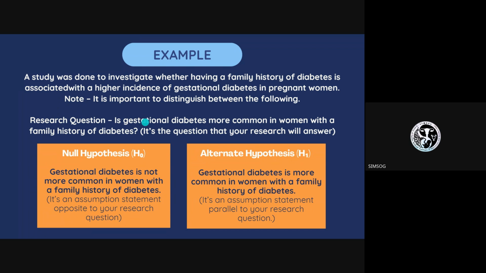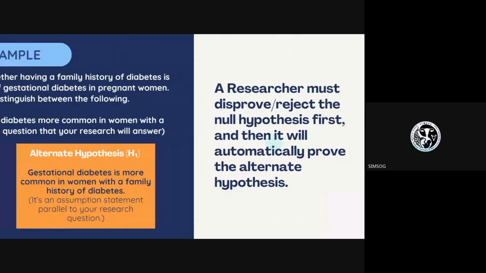So the null hypothesis, the H naught or H0, would be that gestational diabetes is not more common in women with family history of diabetes, right? It is an assumption opposite to your research question. It is the no answer to your research question. Whereas the alternate hypothesis would be that gestational diabetes is more common in women with family history of diabetes. So it's an assumption or a yes answer to your research question.